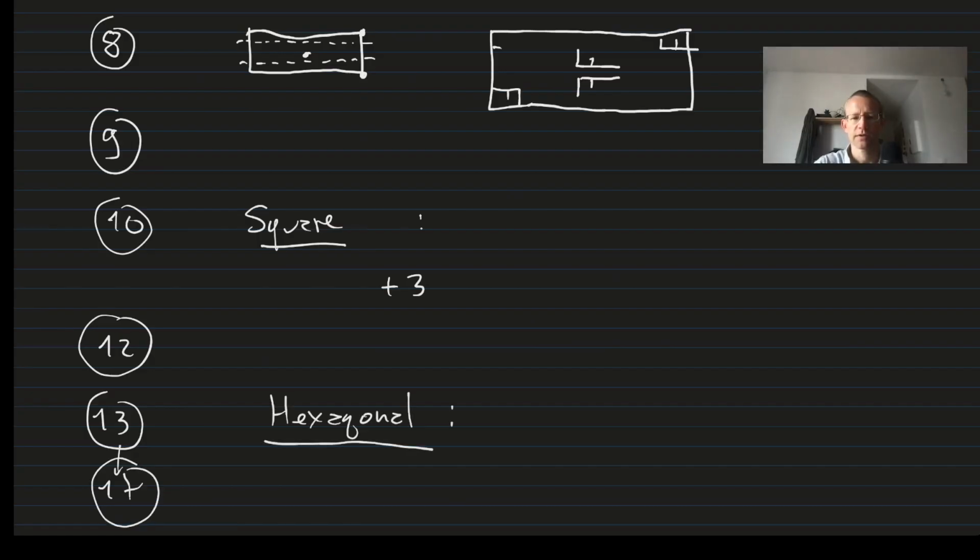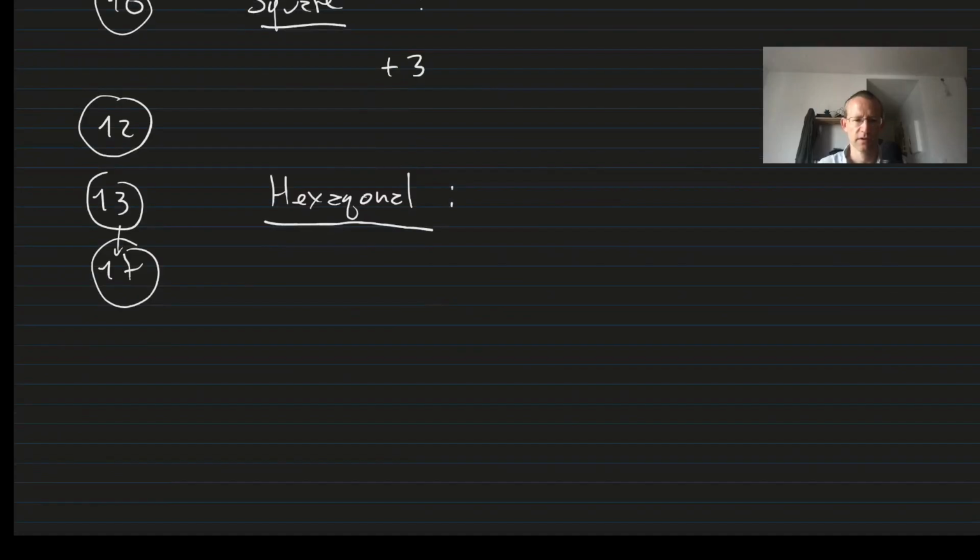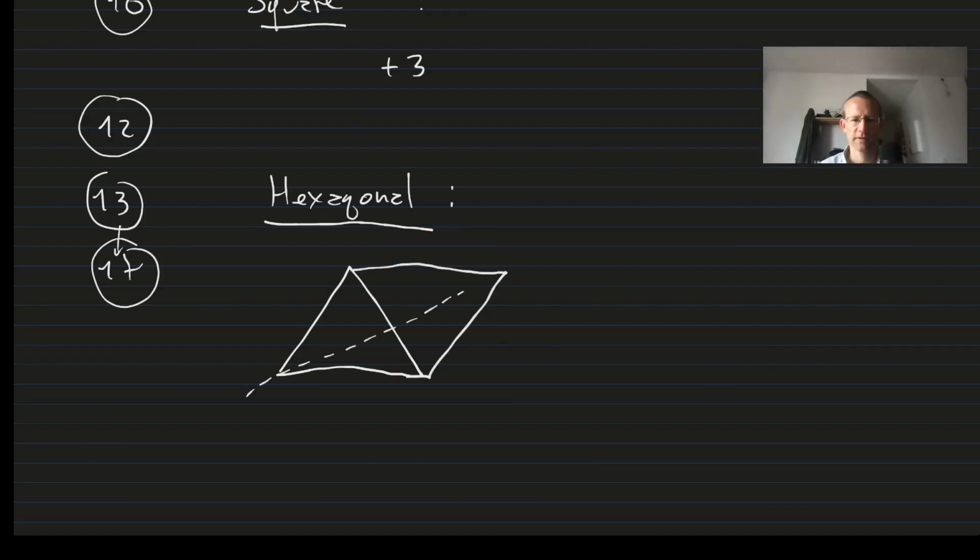So let's draw a hexagonal lattice, and let's draw a nice new pattern, one of the 5. So we can have this lattice, we can have this symmetry axis, this symmetry axis, and this symmetry axis. This point is in the middle.